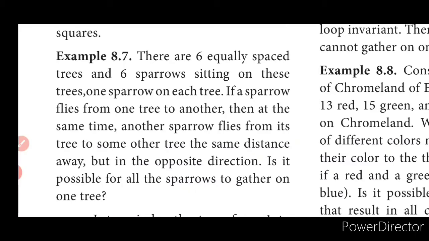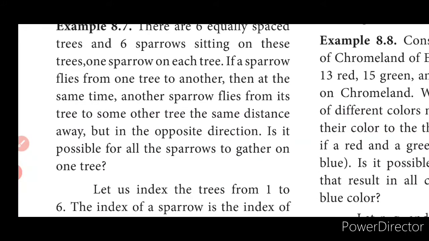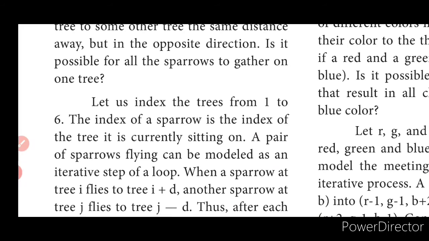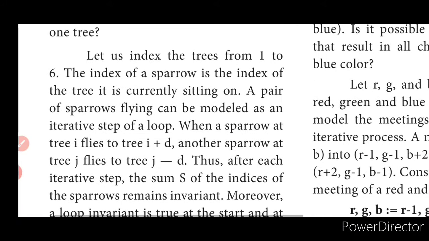They are just going to fly from one tree to the other, in opposite directions. If that happens, will they be able to accommodate in a single tree at the same time? We have represented the trees as 1 to 6, and now we represent the same as i, j and so on. One tree is represented as i. A sparrow sitting on the ith tree flies to i plus d, the tree's number plus the distance they travel.